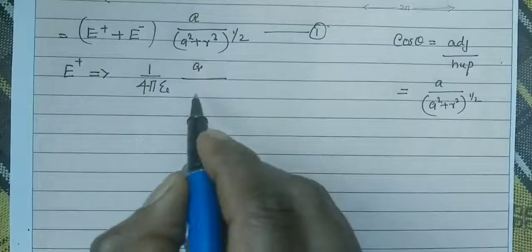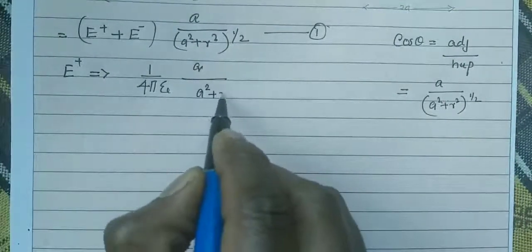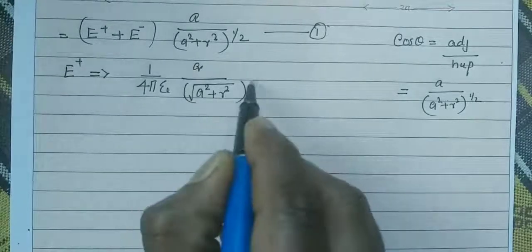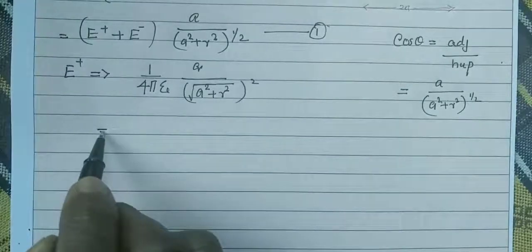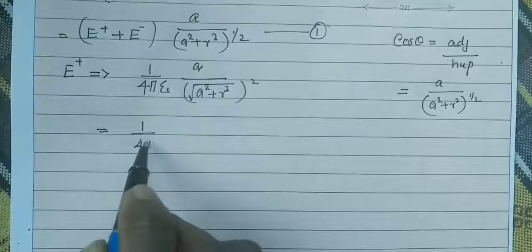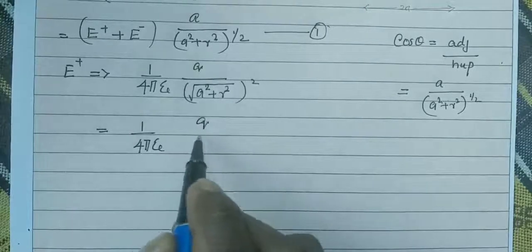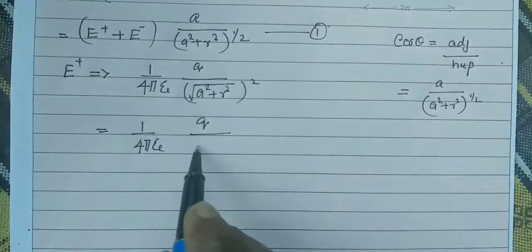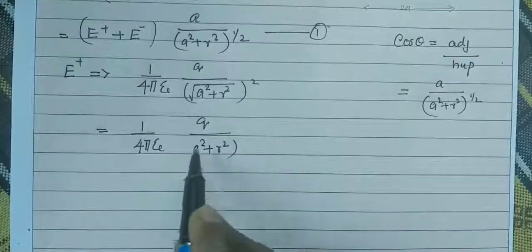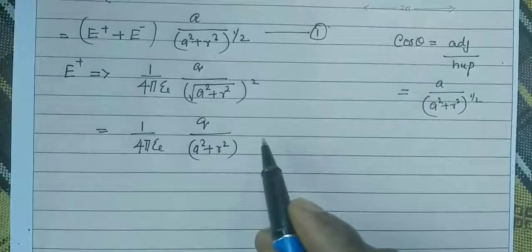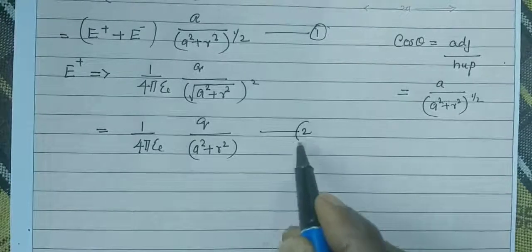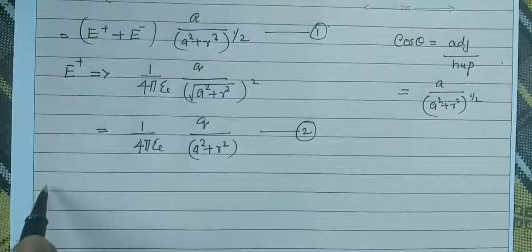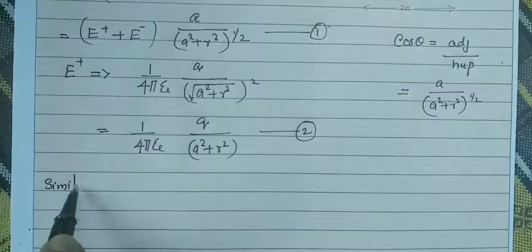Remember here the distance is the square root of a square plus r square, whole squared, which is the hypotenuse of that triangle. So Coulomb constant into Q divided by a square plus r square. Root and square normally cancel each other. Let it be equation number 2. So what will be equation number 3? Same electric field due to E minus.